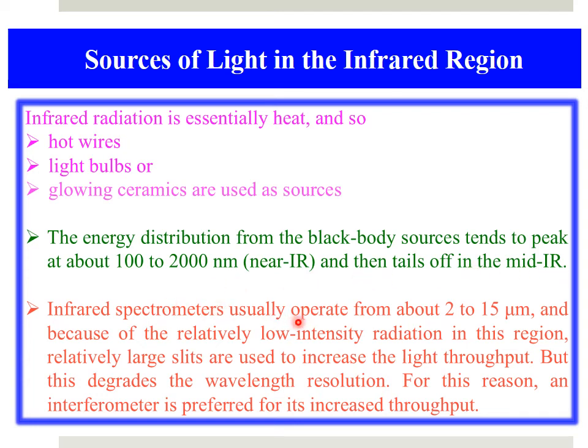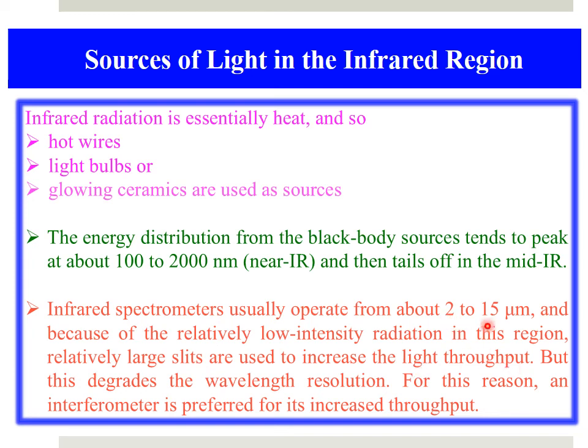Infrared spectrometers usually operate from about 2 to 1500 micrometers. In the previous lecture we studied the useful analytical range of infrared spectrometry, which is 2 to 15 or 16 micrometers, and because of the relatively low intensity of radiation in this region, relatively large slits are used to increase the light throughput.